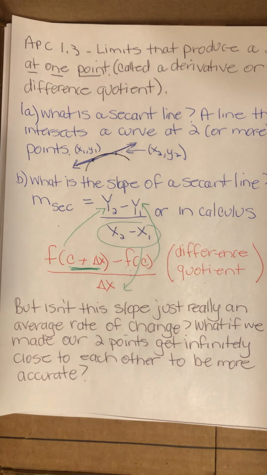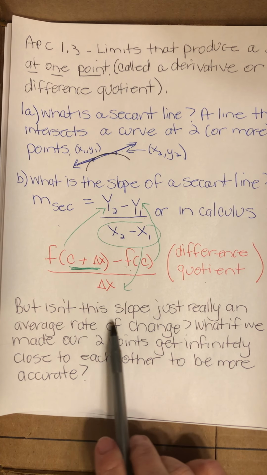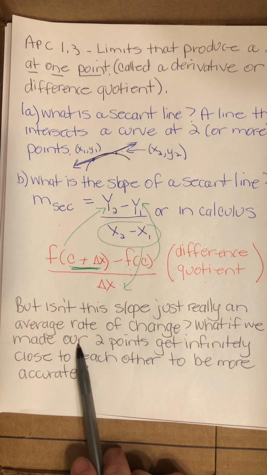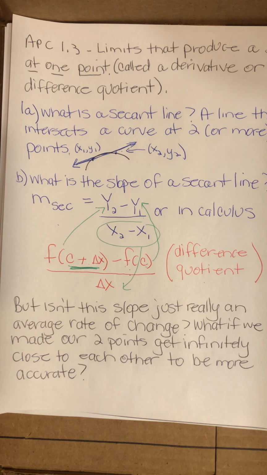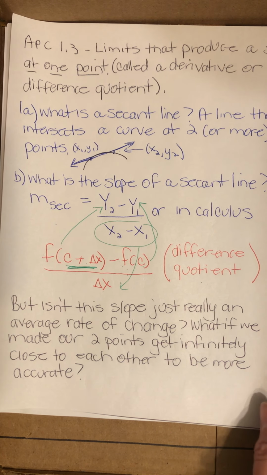All right, I'm going to go on to the next page. So, isn't this slope really just an average rate of change? What if we made our 2 points get infinitely close to each other to be more accurate?